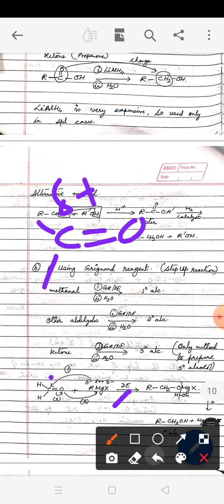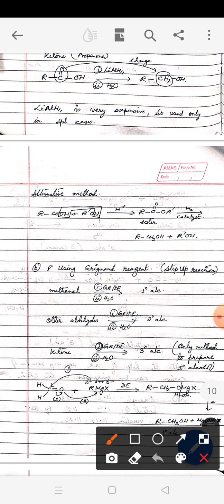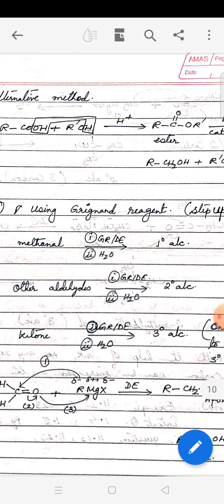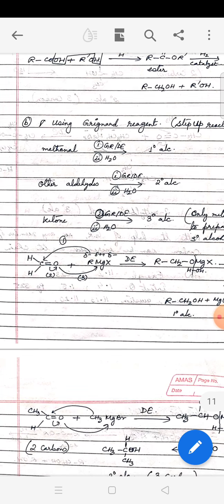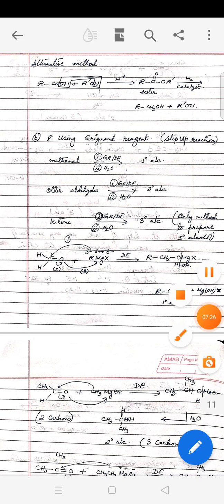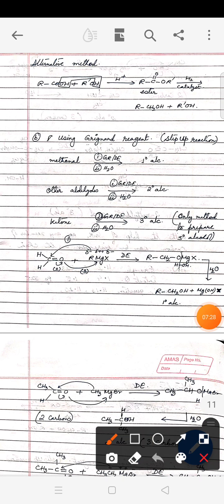So what happens here? You can see here this is arrow 1, alkyl group attacking carbon, arrow 2, the CO bond breaking, O becoming negatively charged and attacking the positively charged magnesium, that is arrow 3.